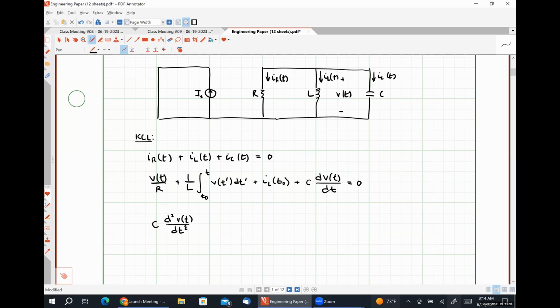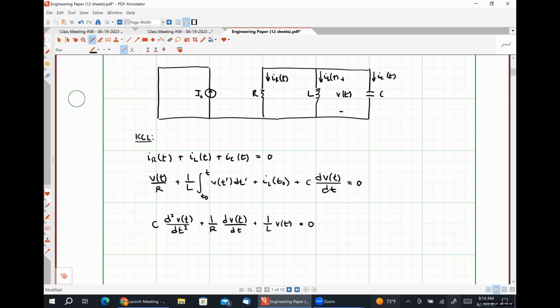When I take the derivative of the resistor current term, I'm going to get 1 over R times the first derivative of the voltage with respect to time. When I take the derivative of the integral bit, I'm going to have 1 over L times the 0th derivative, or just the voltage. And when I take the derivative of that IL at t naught, that is a constant, so the derivative of a constant is 0.